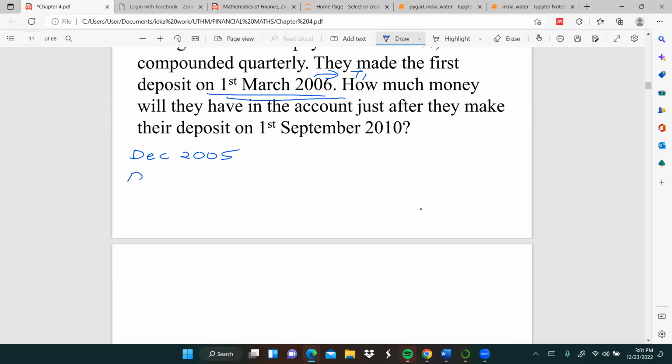Then we have December 2006, December 2007, December 2008, and December 2009.